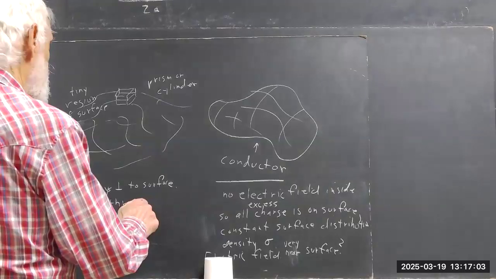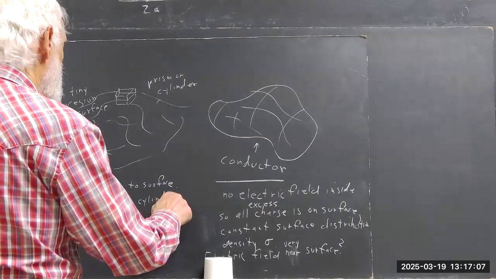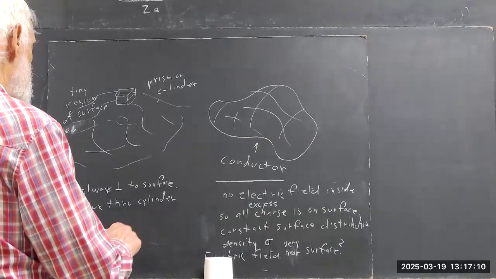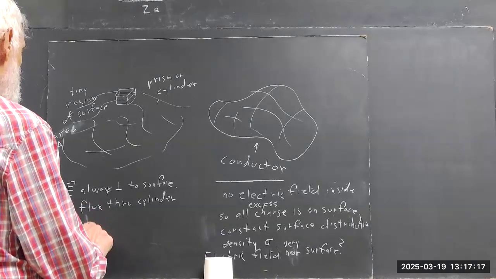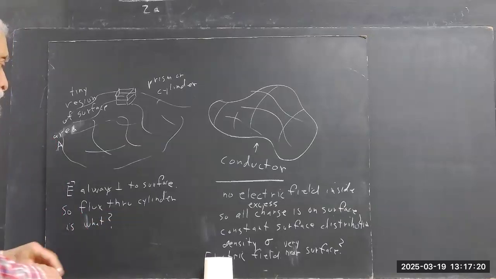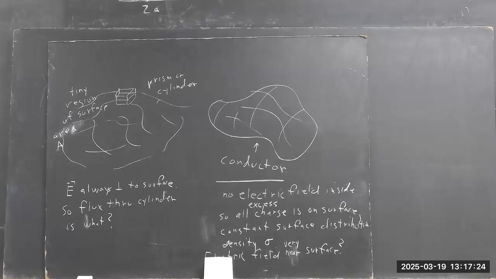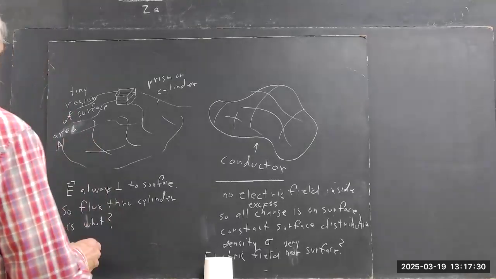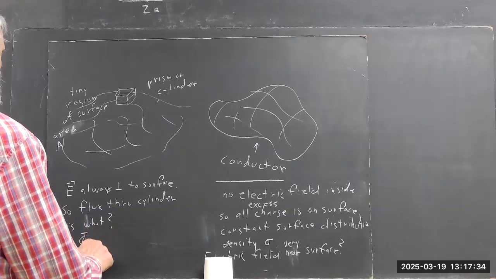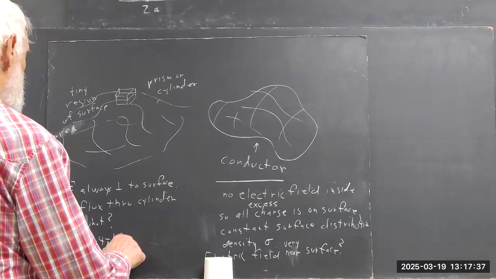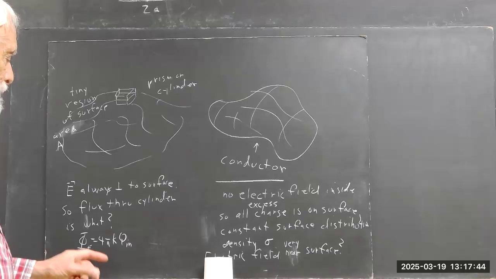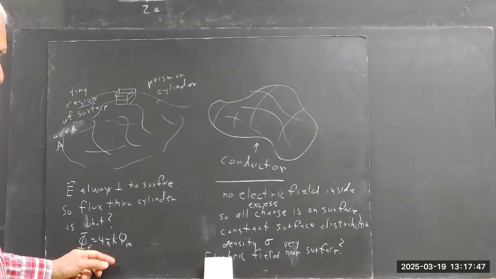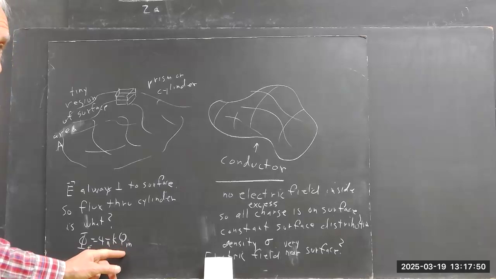So what's the flux? Flux is always, now your text uses probably Qn divided by epsilon naught, but I'm going to use 4 pi K. Q sub n means charge inside.